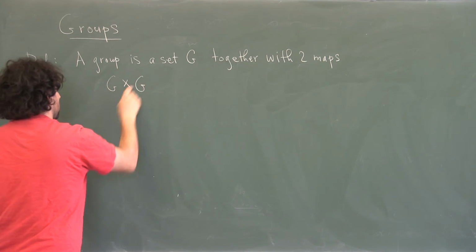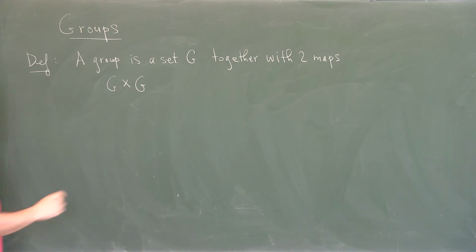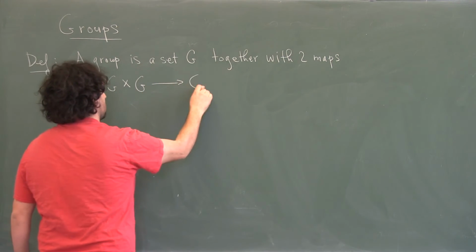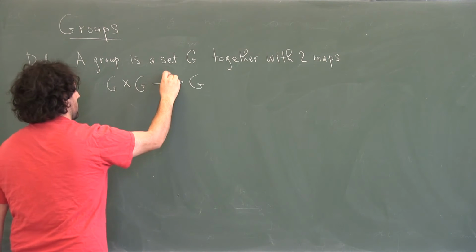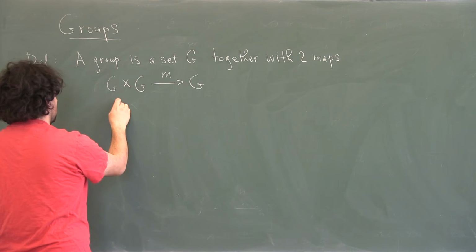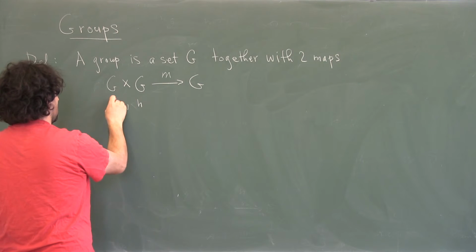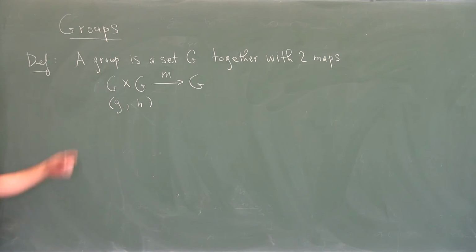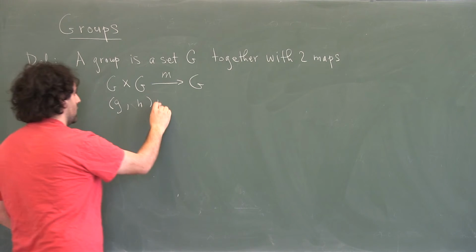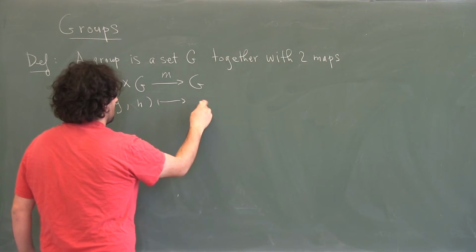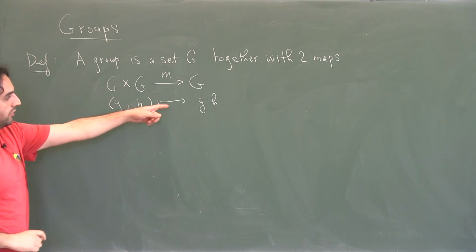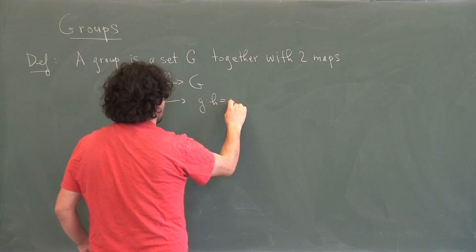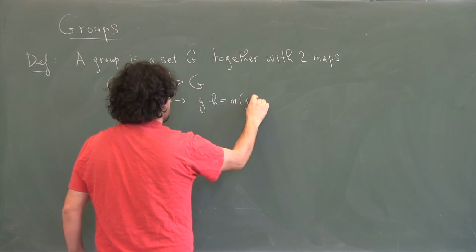It goes from the product of G with itself back to G. We can call this map M, but we usually write it as taking a pair G, H in G times G and sending it to G dot H. So we write G dot H for M of G, H.